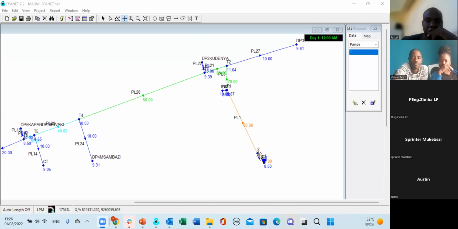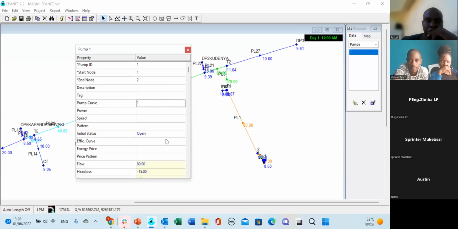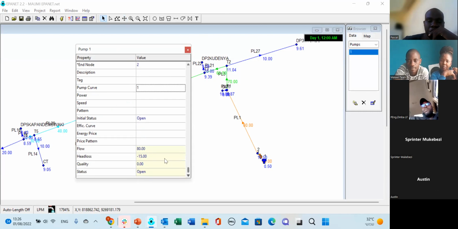It's coming from the pump. You can see, if I double click the pump, you can see here that it is supplying 80 liters per minute with a TDH of 15 meters. So this is the result already.